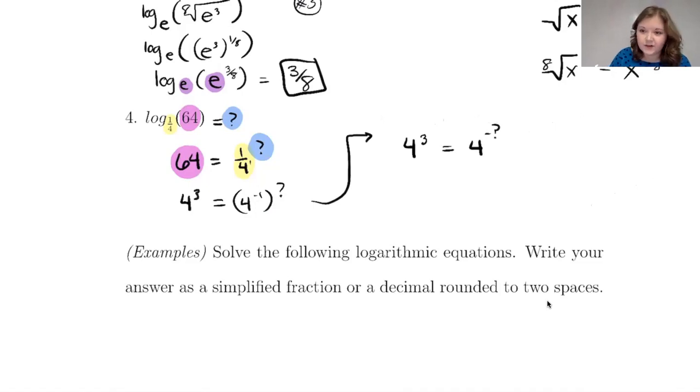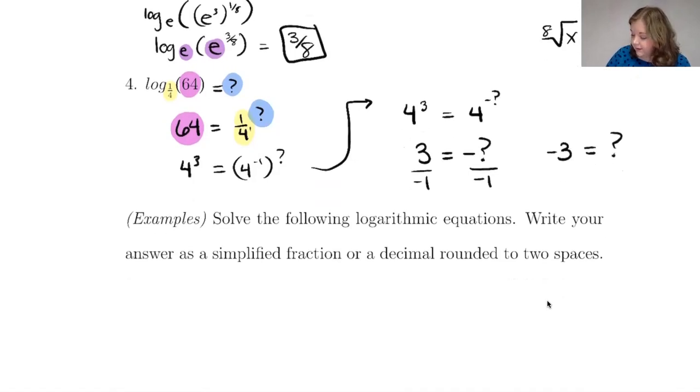That's fine, the question mark is just a variable. Since we have the same base, we can set 3 equal to the negative of our question mark. If we want the question mark by itself, we divide by -1 on both sides, and we end up with -3 equals our question mark. So our final answer in this case is -3.